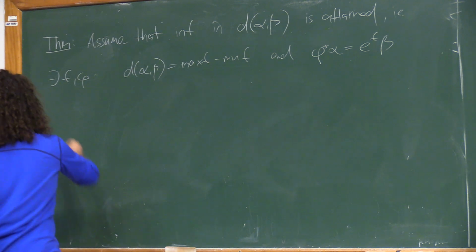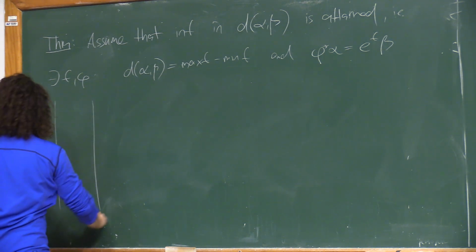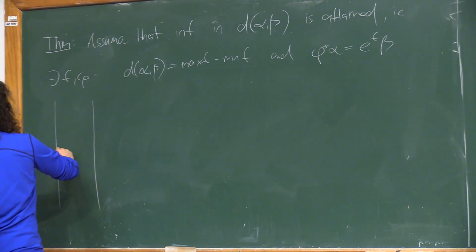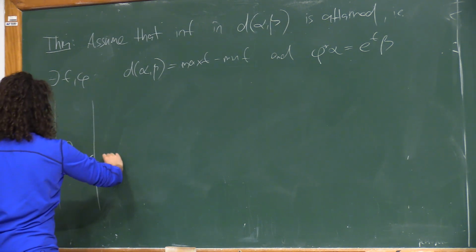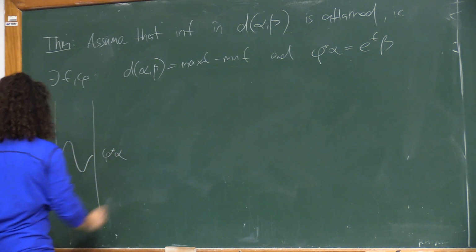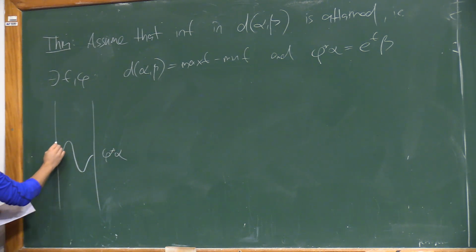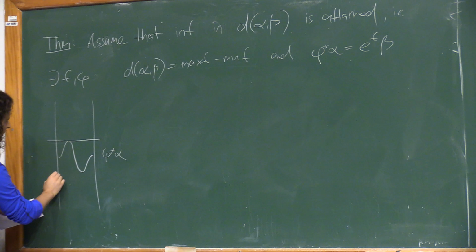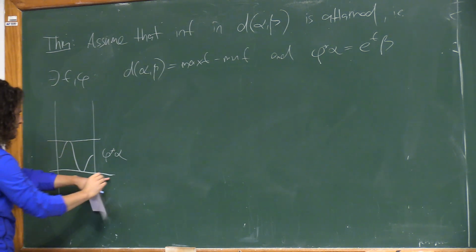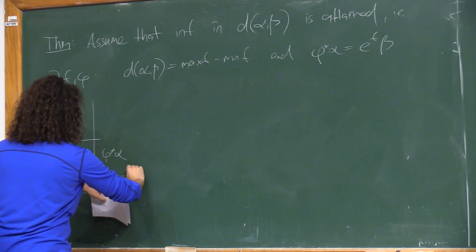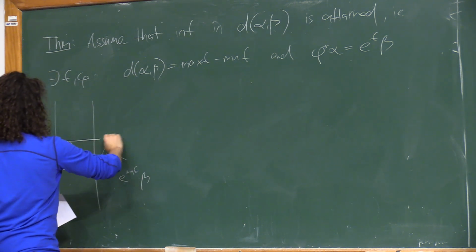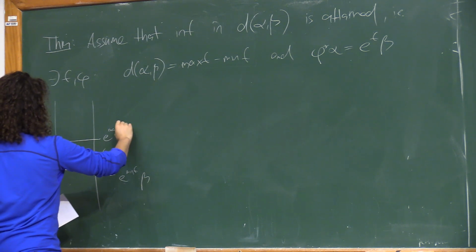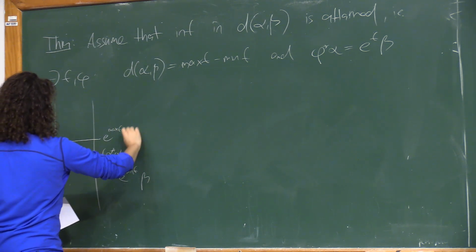So in a picture, there would be, again, a symplectization, and then there would be some hypersurface that corresponds to phi pullback alpha. On the one hand, we have e to the power of the minimum of f times beta, and up here we have e to the power of the maximum of f times beta.